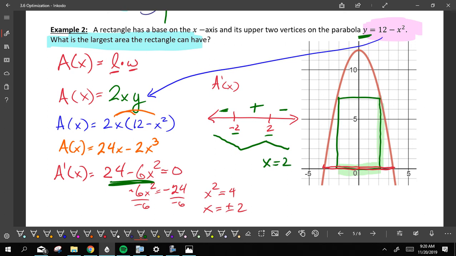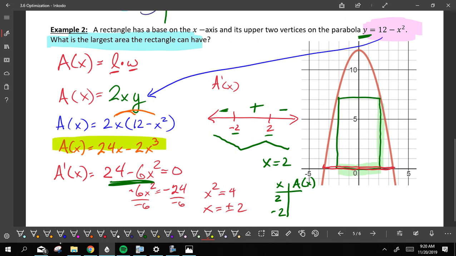Is x equals 2 my answer? No. The answer is what is the largest area? And so I want to know, think about my table, given my x value of 2. Technically, we could check negative 2 as well. I want to know what the area is going to be. And so to find the area, we are plugging back into our area equation. Not the derivative, but our area.